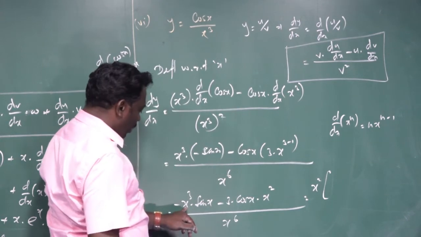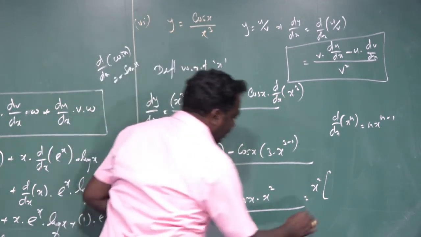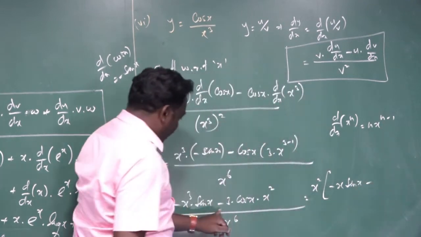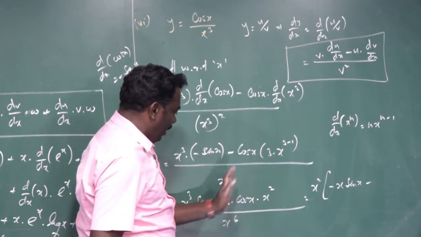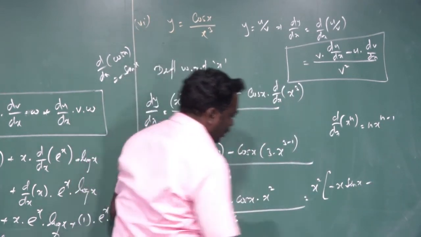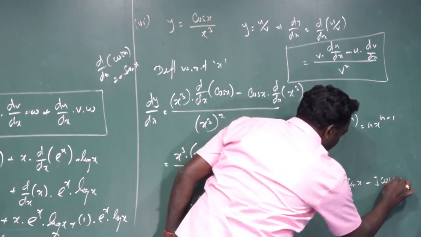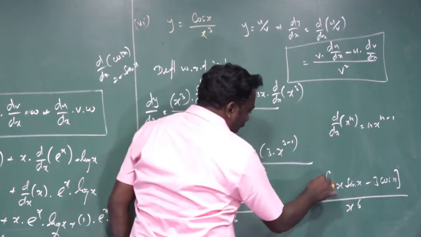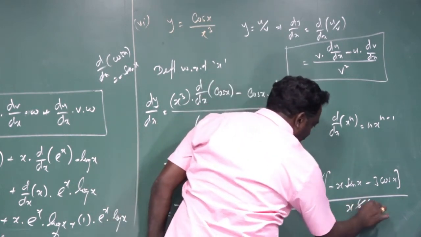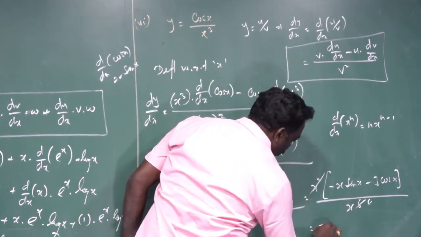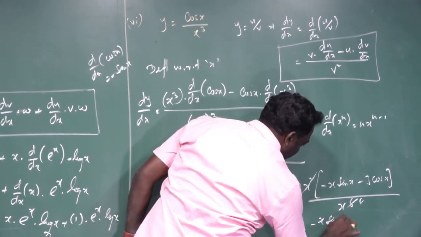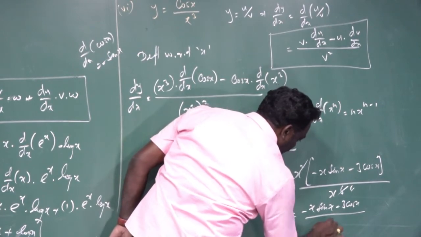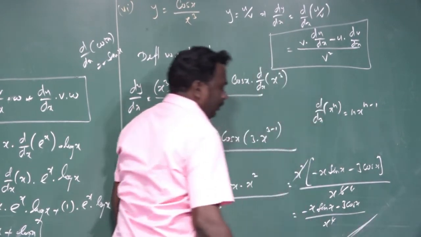Taking x power 2 out, the remaining is one more x, minus x into sin x, minus, and taking x power 2 out, the remaining term is 3 into cos x. In the second term, x power 6 and x power 2 cancel, remaining x power 4, and it is equal to minus x into sin x minus 3 into cos x by x power 4, that is the final simplification.